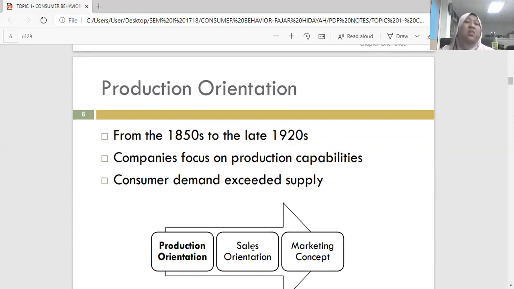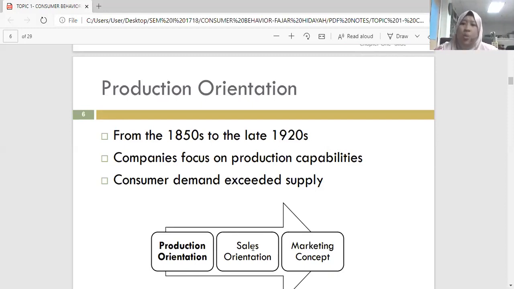1920s is World War One, and it ran from the 1850s to the late 1920s. During this time, everybody was chasing manufacturing based on quantity.